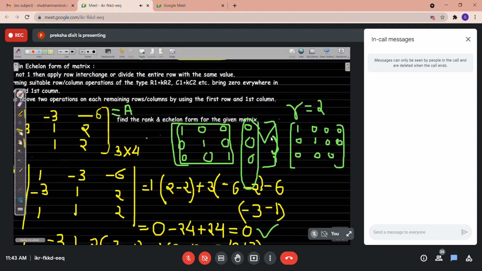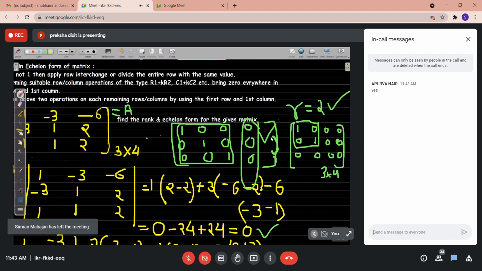Are you getting my point? Have you followed the format of echelon form for any general matrix? So if any matrix of order 3 cross 4 is going to have its rank value as 2, then its echelon form is going to be in this format. Have you followed the format of echelon form of a matrix?